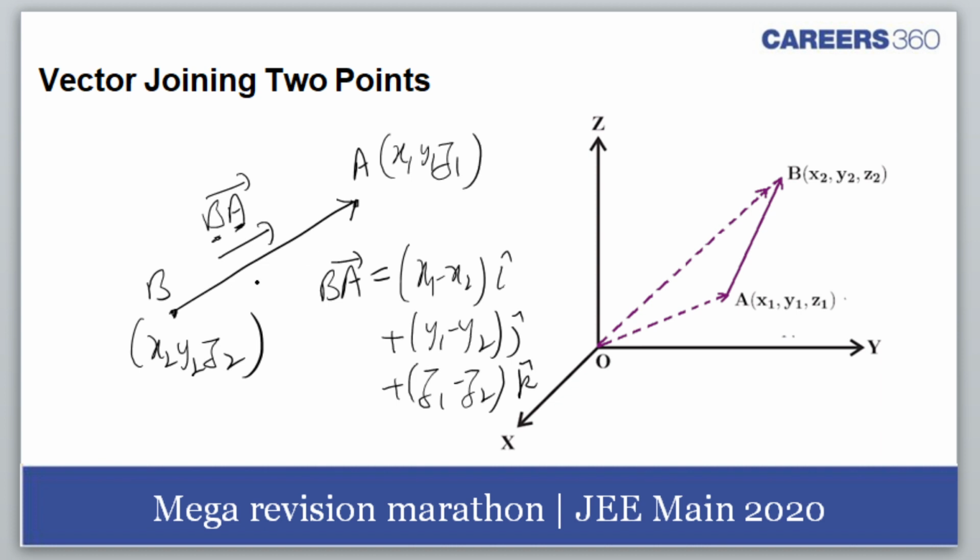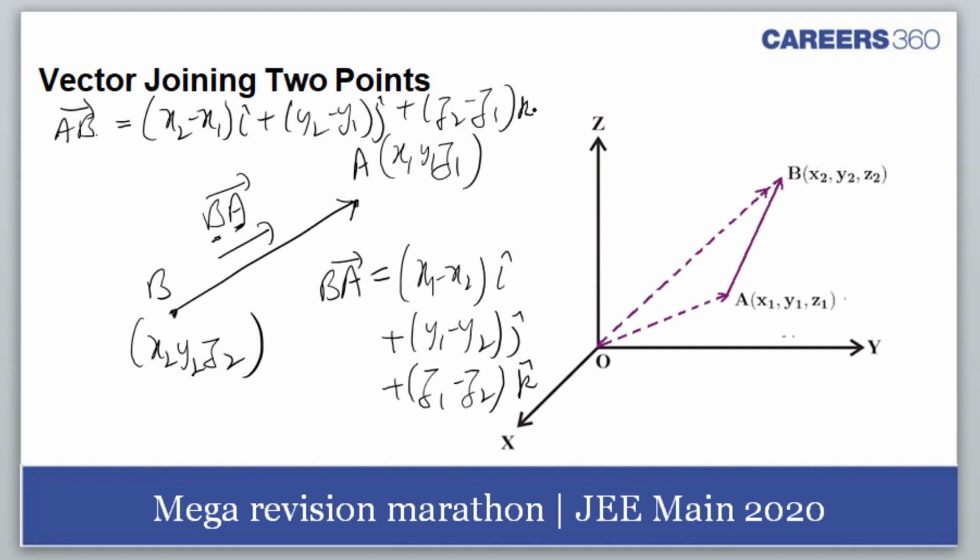And if I choose to write the AB vector, that means the initial point is A and the final point is B, then we will write it as x2 minus x1 i cap and so on and so forth, y2 minus y1 j cap and z2 minus z1 k cap.